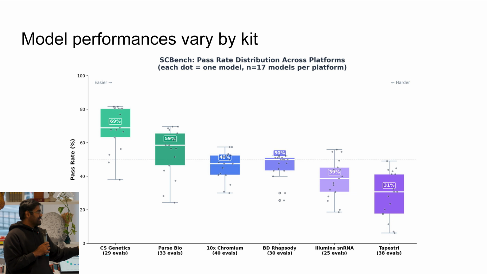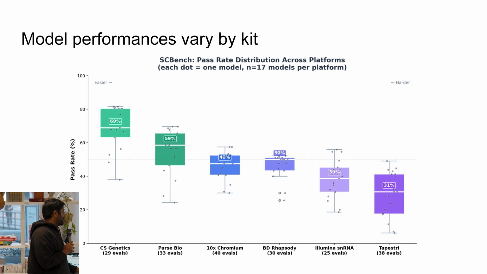This is a single-cell DNA kit that has very specific needs in terms of the problems that we are trying to solve with this kit. And this also kind of shows that a lot of these models have been exposed to single-cell RNA, and there's a lot of work that needs to be done with regards to analyzing DNA data.